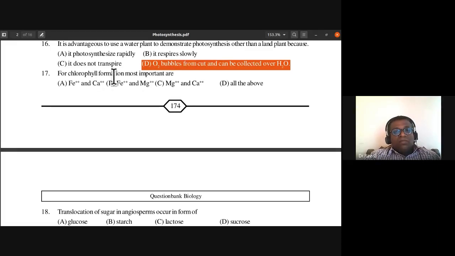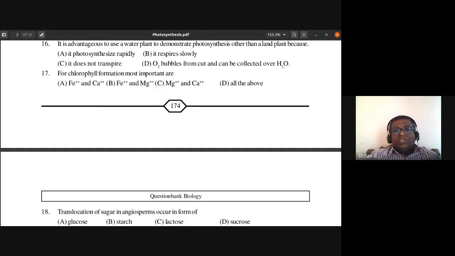For chlorophyll formation, which are the most important components? Is it iron and calcium? Is it iron and magnesium? Is it magnesium and calcium, or all of the above?